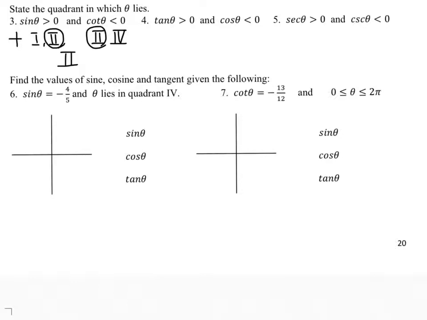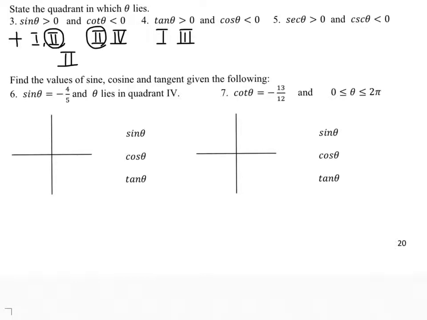Number 4. Tangent is positive, cosine is negative. Which quadrant does this angle theta lie in? For tangent to be positive, it has to fall in the first or third.